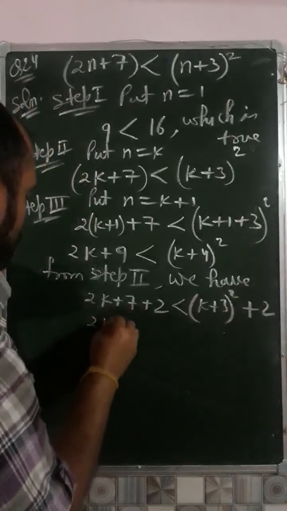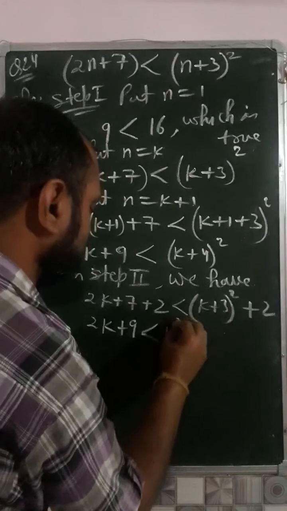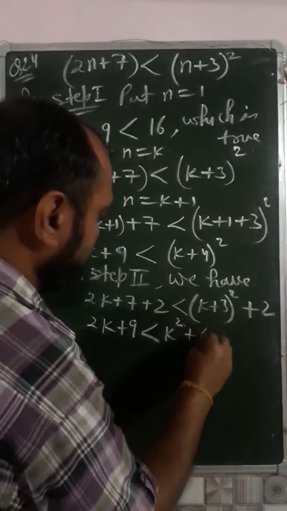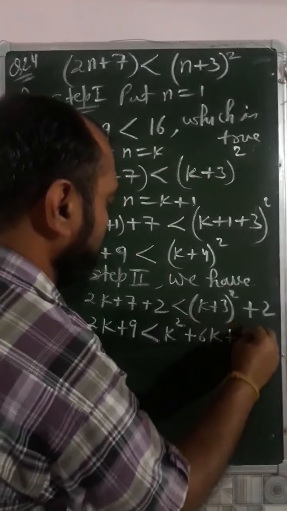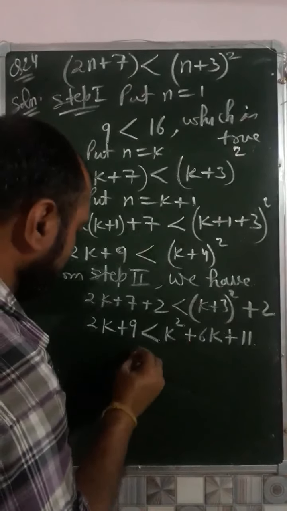Now this becomes 2k plus 9, and when we simplify this, we get k square plus 6k plus 11. After simplifying this, we get this result.